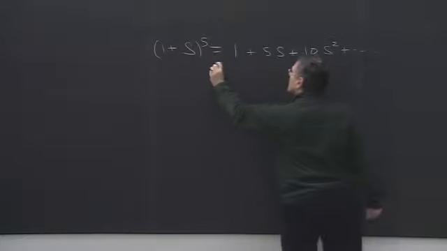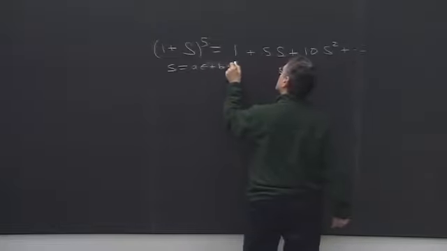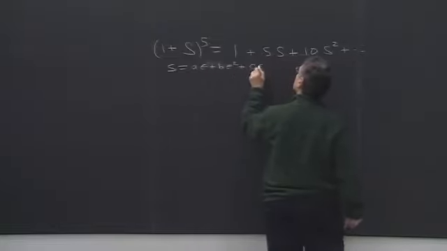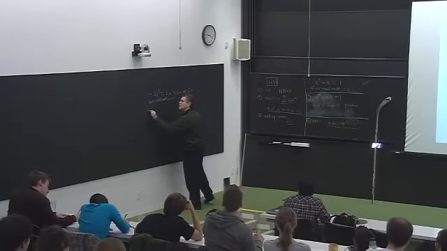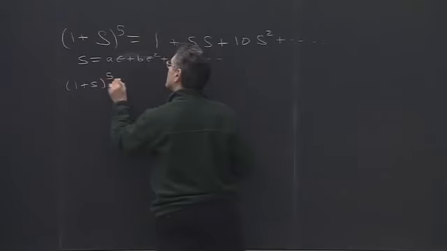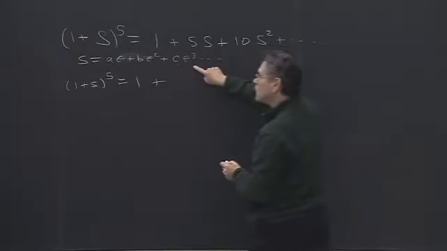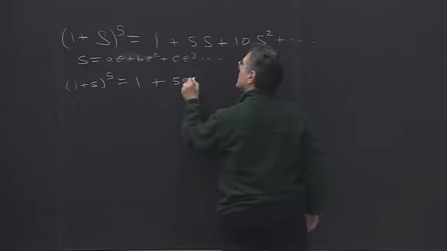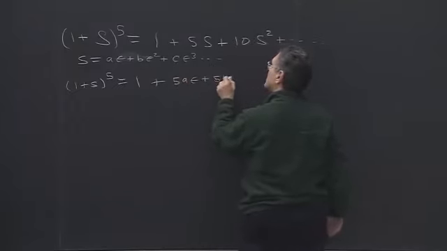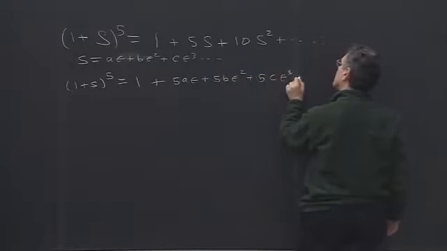So if this something is A epsilon plus B epsilon squared plus C epsilon cubed, and so on, then 1 plus that something to the 5th power is 1 plus 5 times all of this, which is 5A epsilon plus 5B epsilon squared plus 5C epsilon cubed, and so on.